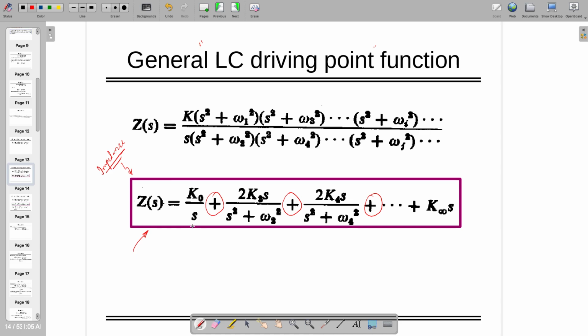So the first element will be a capacitor, and the whole function looks like inductor and capacitor in shunt, and more inductor and capacitor in shunt, and so on. And maybe there is one more inductor at infinity, whose value is k infinity, and this one is k0, 1 by k0 farad.